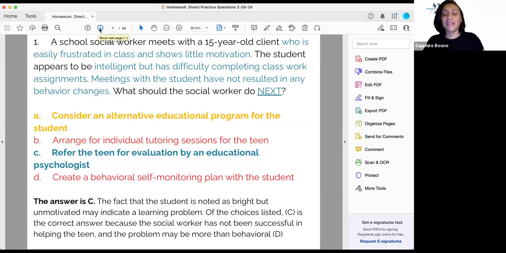So when there is a learning problem, an educational psychologist is going to be administering those things. Remember, we had that list of assessment methods. When it said learning issues, it had psychologists next to it, right? They're going to be doing those different tests to be able to assess those learning issues.